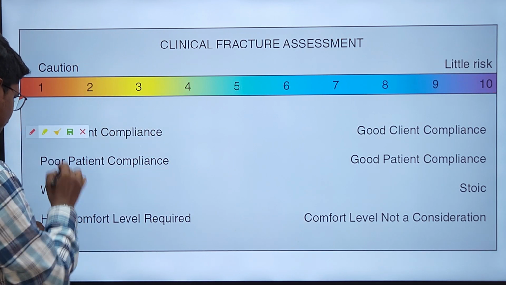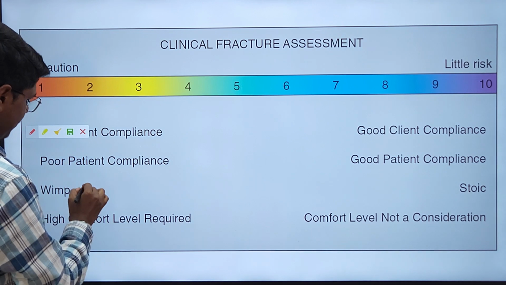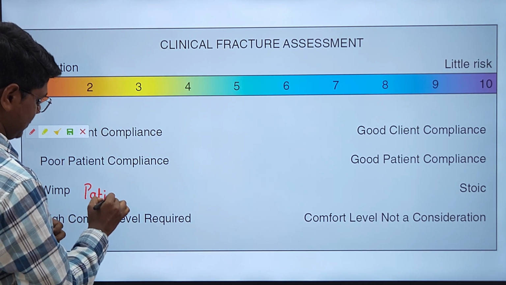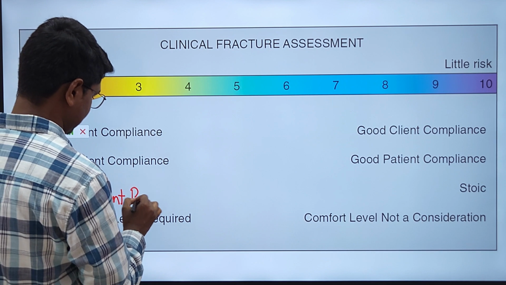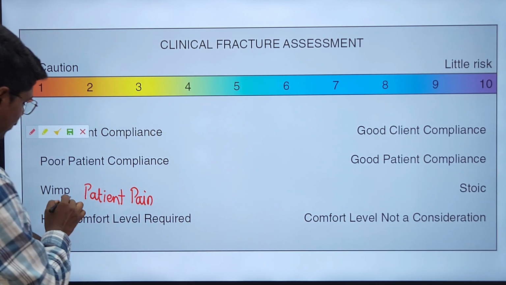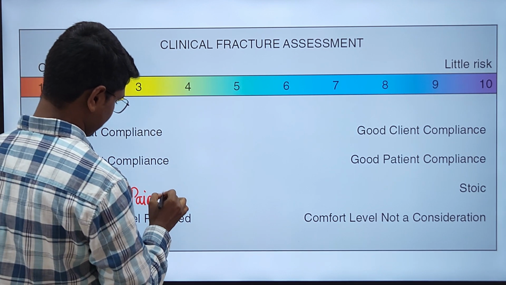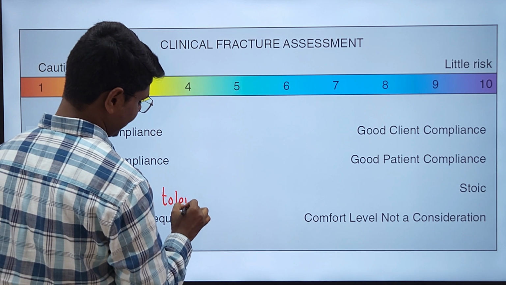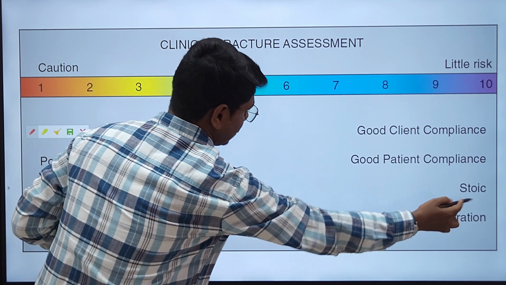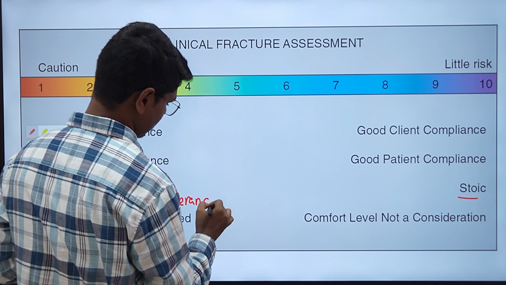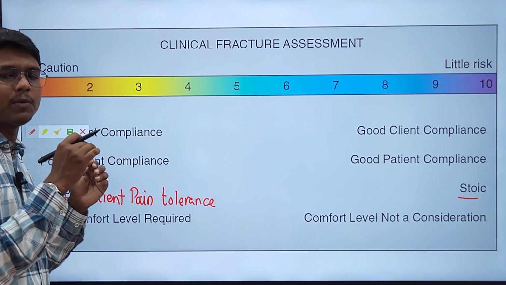Next one is the patient pain tolerance. Wimp means a patient who cannot tolerate post-operative pain well, while stoic animals can take some amount of pain.